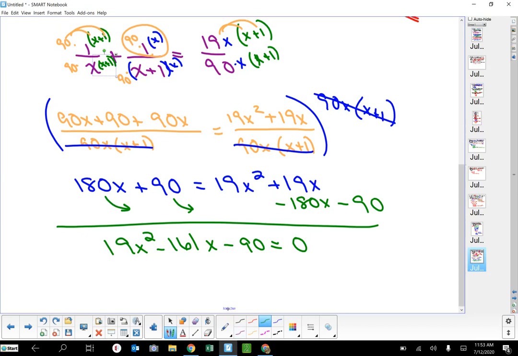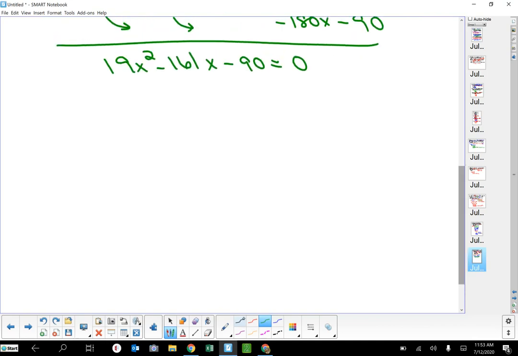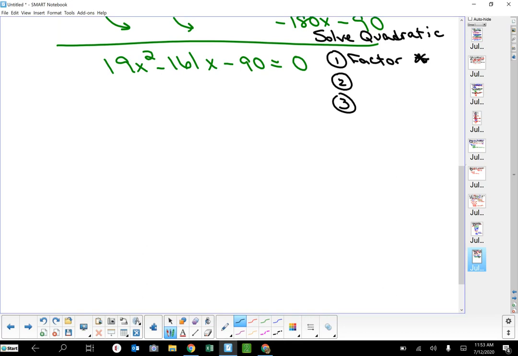So now you have to make some decisions. How do you, as the student, prefer to solve a quadratic? You have 3 ways. Do you remember all of them? You can either factor, my go-to personally.